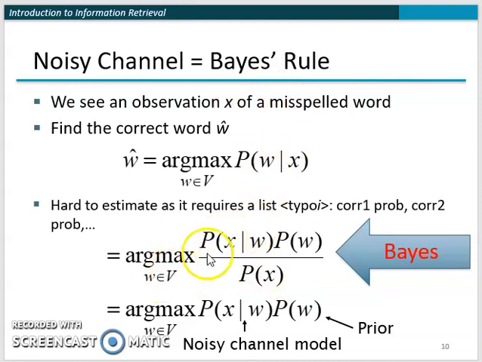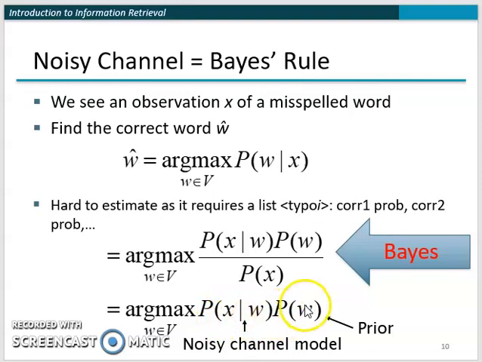When we are finding this probability for every word of our vocabulary set, this denominator would remain the same, because we are doing this whole process for one misspelled word only, which is X in this case. So we can ignore this denominator, because we are taking the arg max of this probability. And then we end up with P of X given W times P of W.